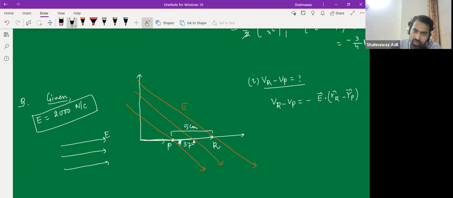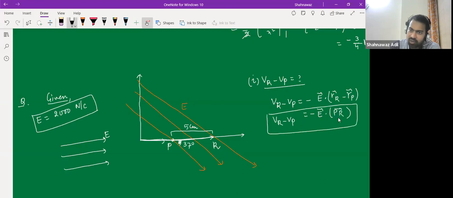So this will give me the PR vector. So E dot PR vector is my potential difference. Now we need to calculate the PR vector and the electric field. Is this clear to you guys?